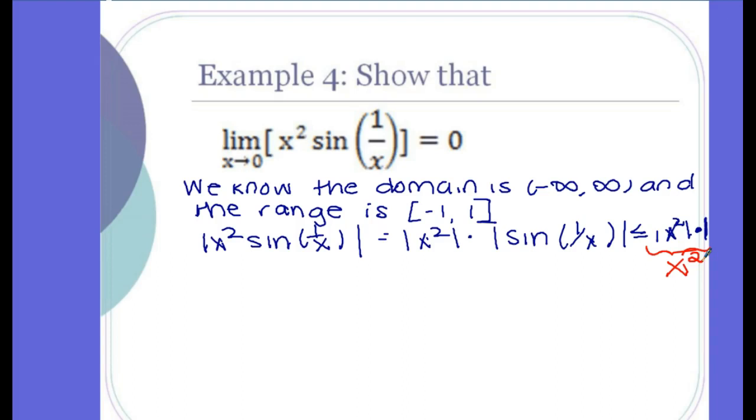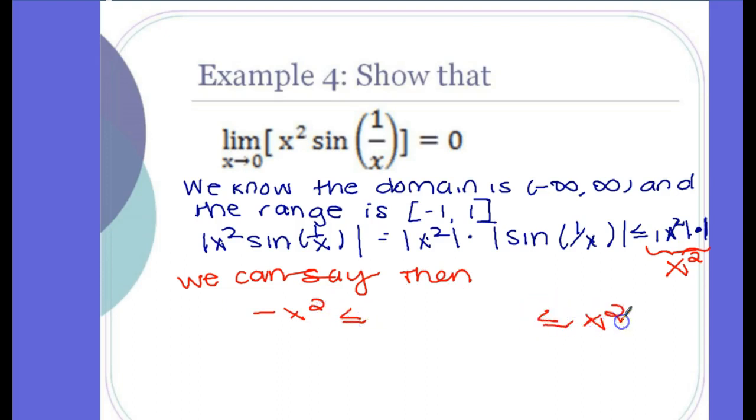So what we can say is, because the highest point is 1 and the lowest point is -1, this function has to live between negative x squared and positive x squared. And what function has to live there? Yeah, g of x.